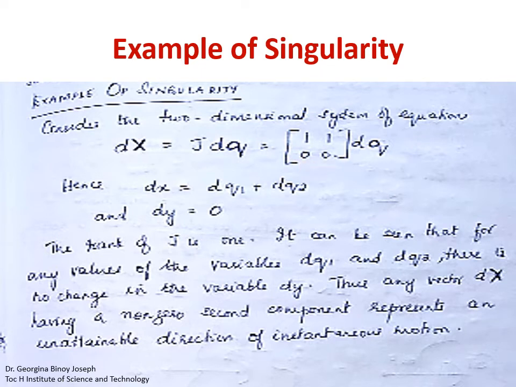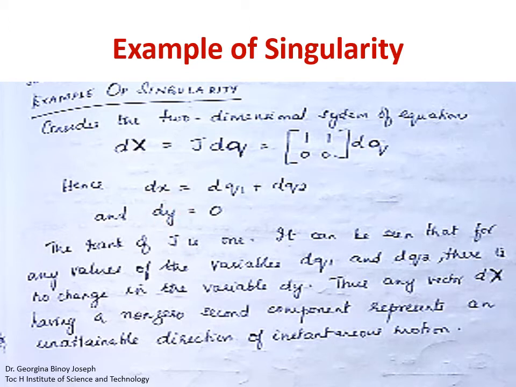We know that our J matrix is actually a 6 cross n matrix, but we are just showing it with this 2 cross 2 matrix. So dx is equal to this matrix J into dq. In a 2D system, there is an x component and a y component in dx.